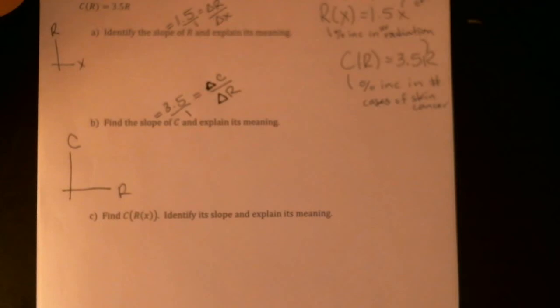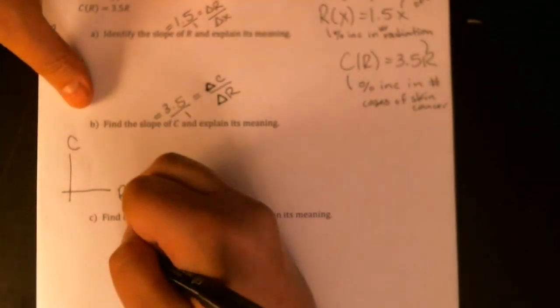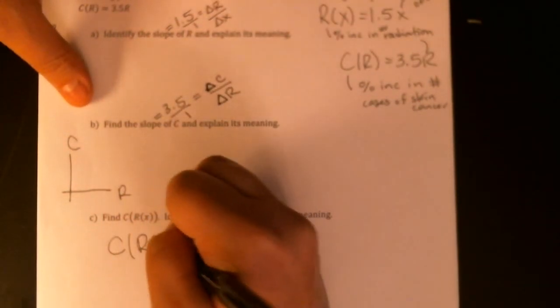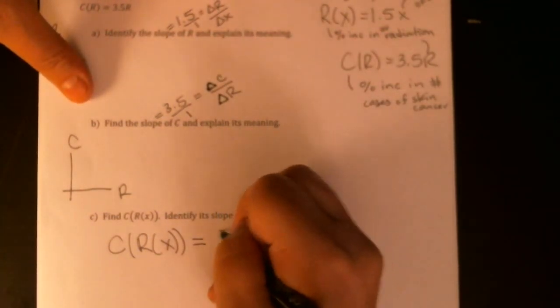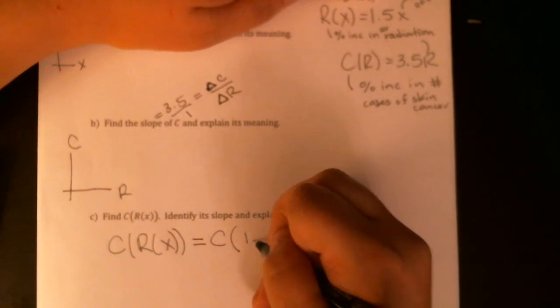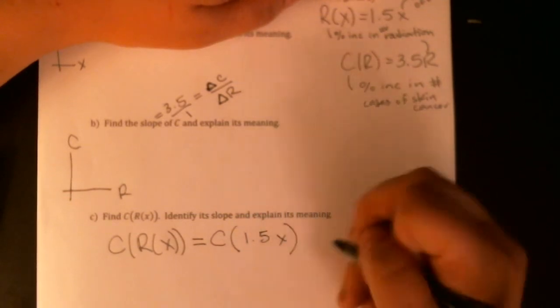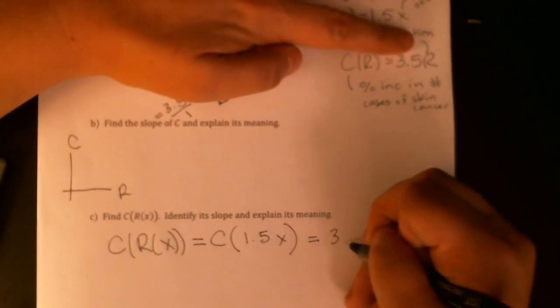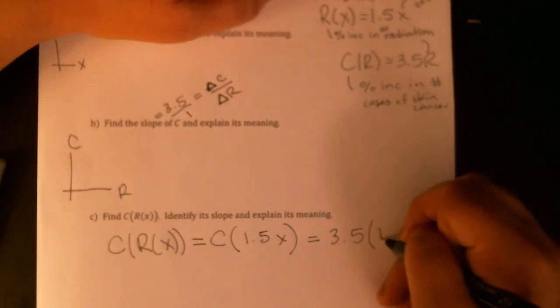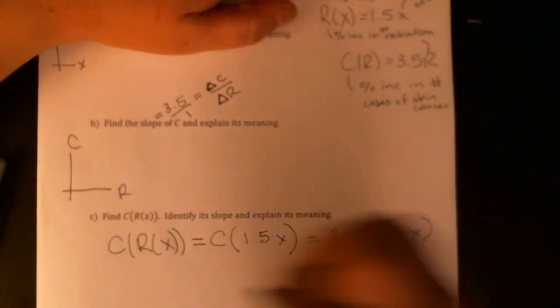Okay, and then last part here is where we get a little baby composition problem. So we're supposed to now find the composition C of R of X, which algebraically just means take R of X, which is 1.5X, and plug it into function C. Function C is really simple. It takes whatever we give it and it multiplies it by 3.5.